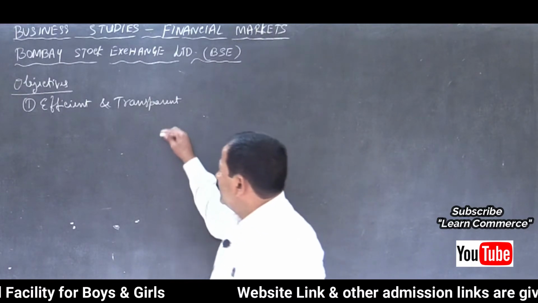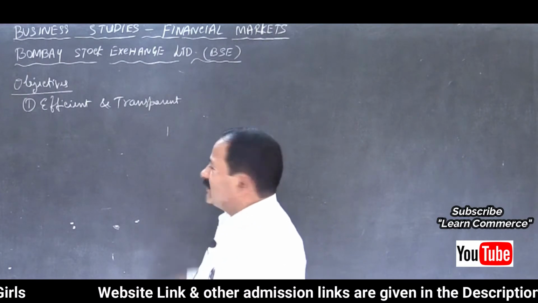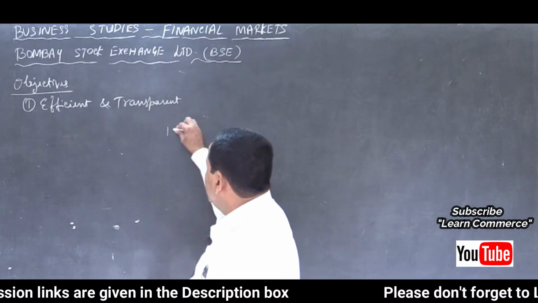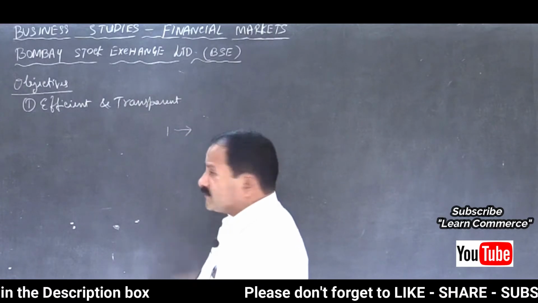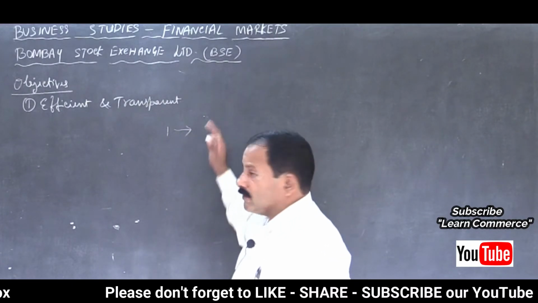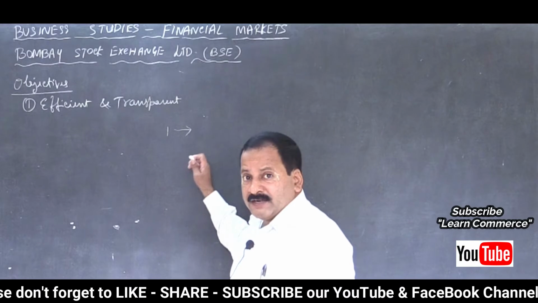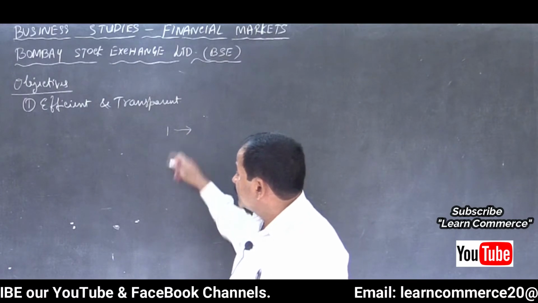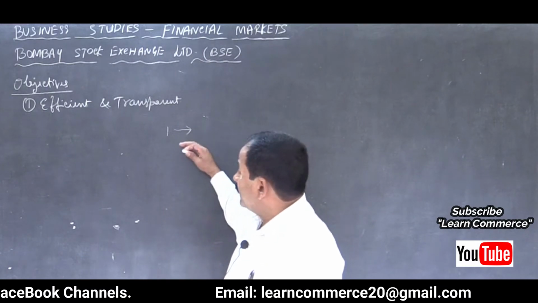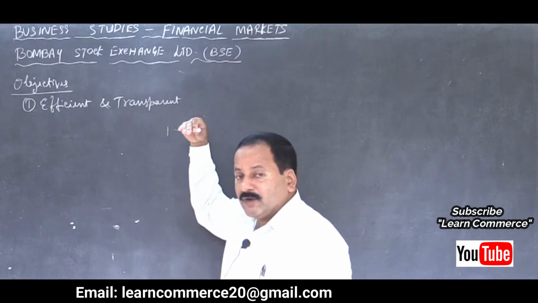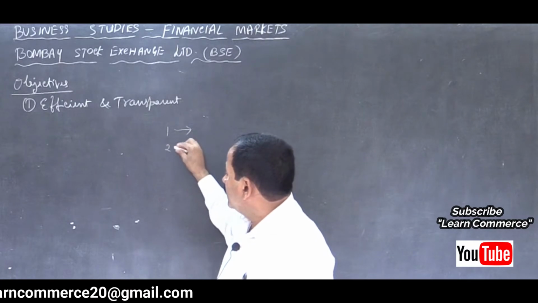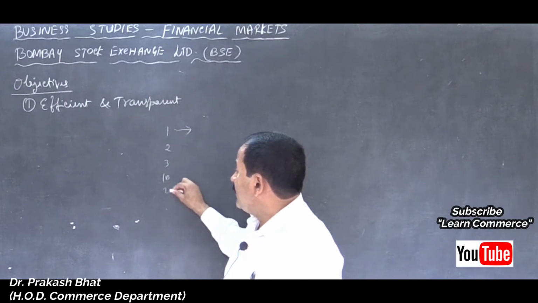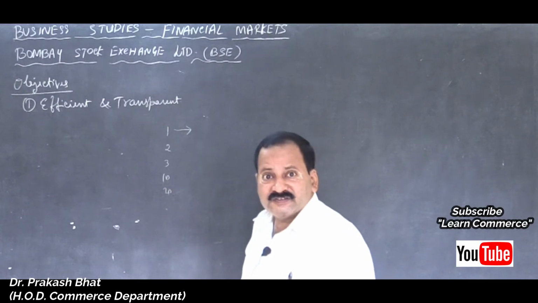Suppose, let me tell you, maybe 1 rupee per share, any script for that matter. Now, you buy in large quantities, maybe 1 lakh shares bought by someone. By seeing that movement, the others will also start buying. Then slowly the demand for these securities will increase, most of them will buy, and the price will move upwards, from 1 to 2, 3, maybe 10, maybe 20. Like that, speculation is possible.